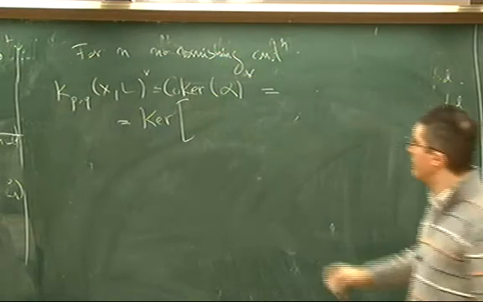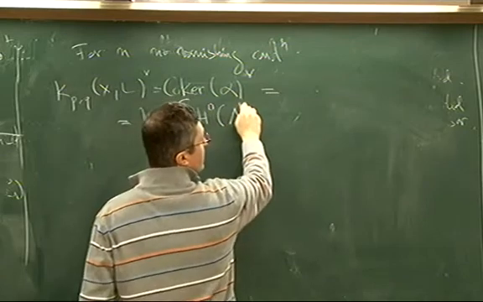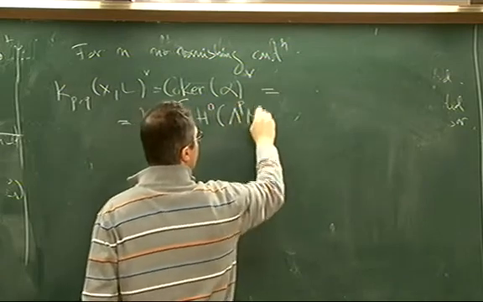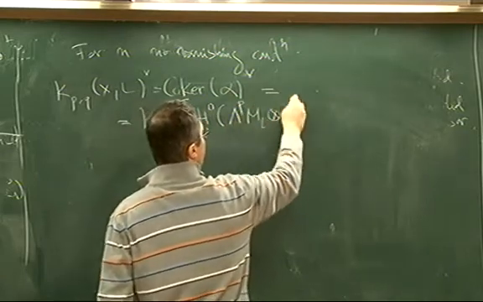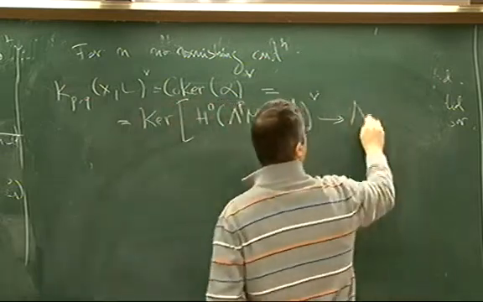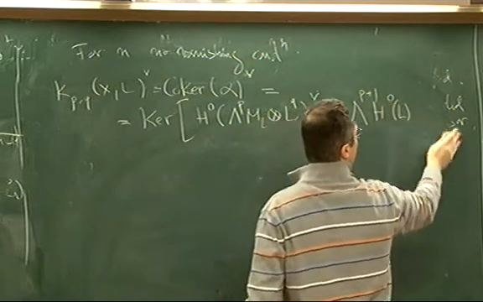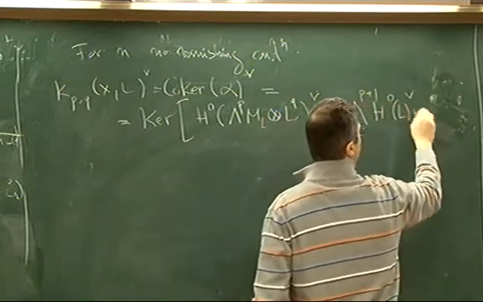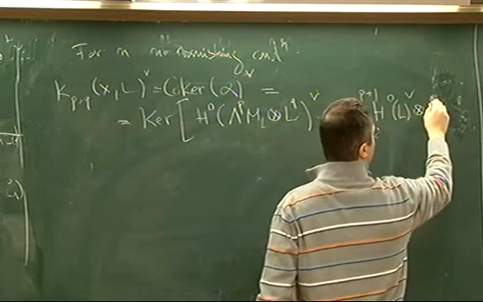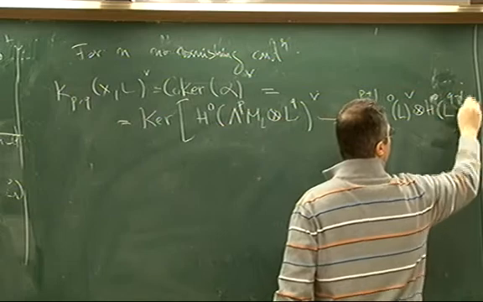So this is H^0 of wedge^p M_L tensor L^q dual to wedge^{p+1} H^0(L) dual tensor H^0(L^{q-1}) dual.